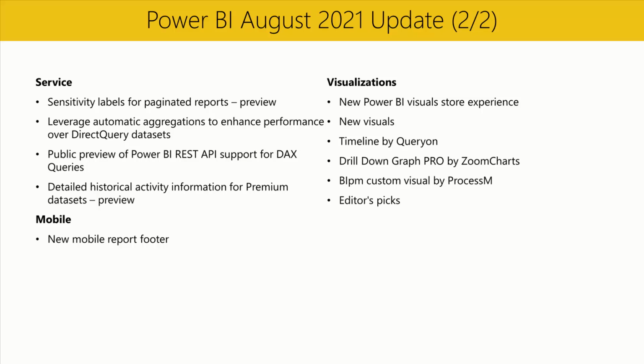Updated this month are the Timeline visual by Querion, the Drill Down Graph Pro visual by Zoom Charts, and the BIPM custom visual by Process M. And this month's editors' picks are the Drill Down Map Pro visual by Zoom Charts, the Cradeck Timelines visual by Cradeck, the KPI ticker by Mac Software, and the Collage visual by CloudScope. You can find these editors' picks and all of the other mentioned visuals on AppSource.